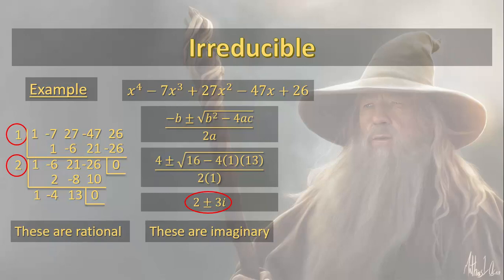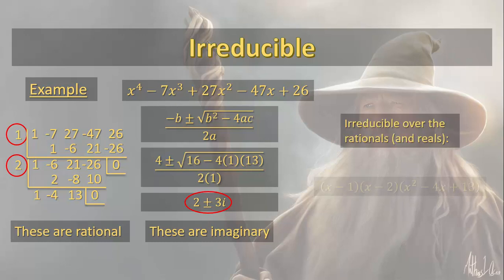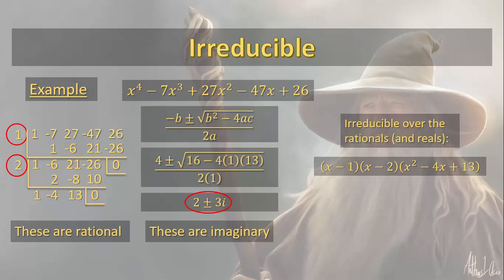So if I want to factor it irreducible over the rationals, and in this case the reals, because I didn't have any square roots. Okay, remember, rationals can be written as a fraction. They don't have any square roots in them. When I'm talking about reals, reals have square roots in them. Imaginaries have i's in them.